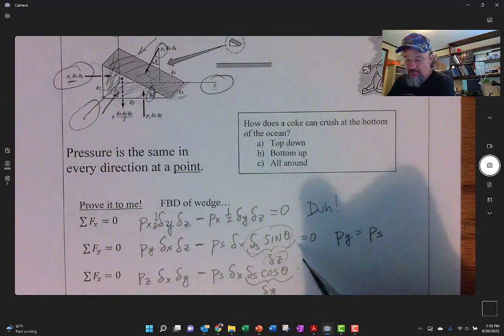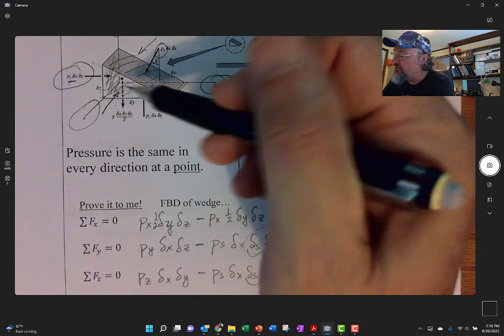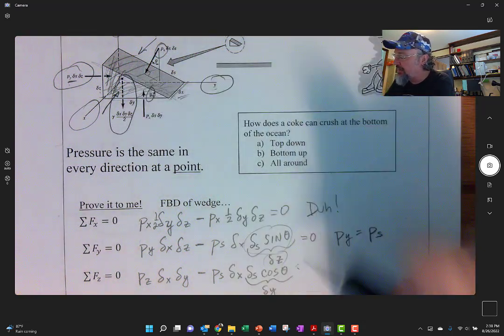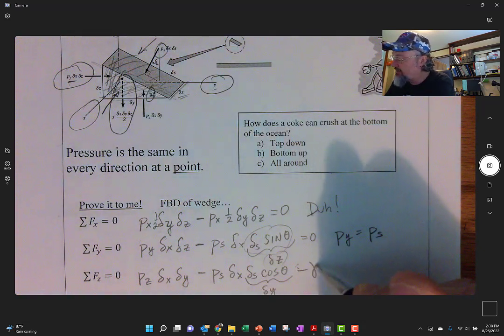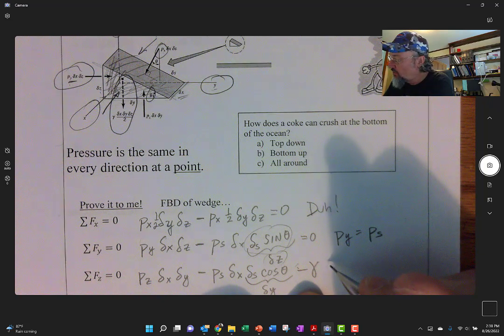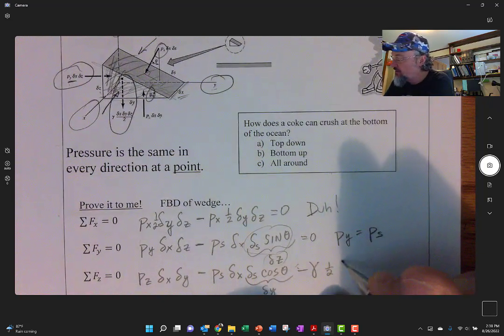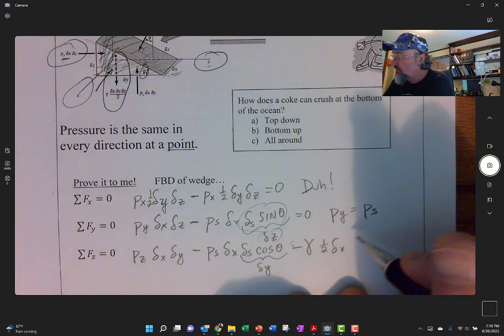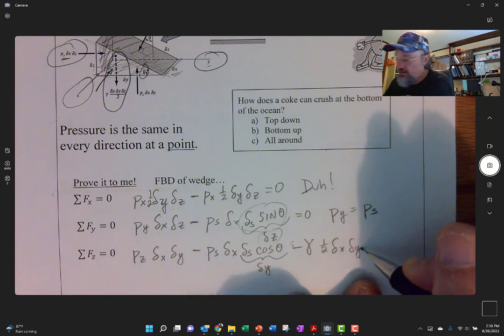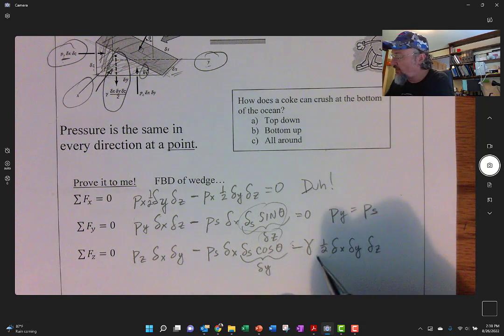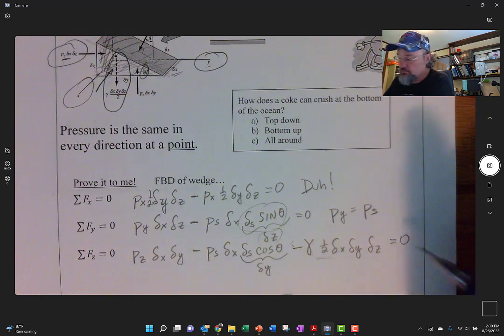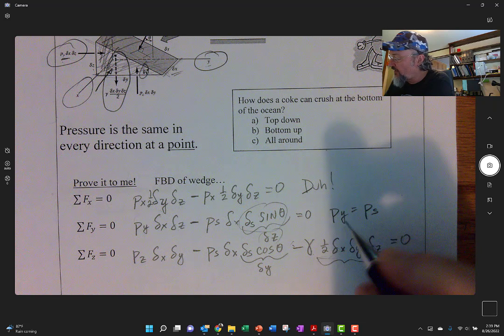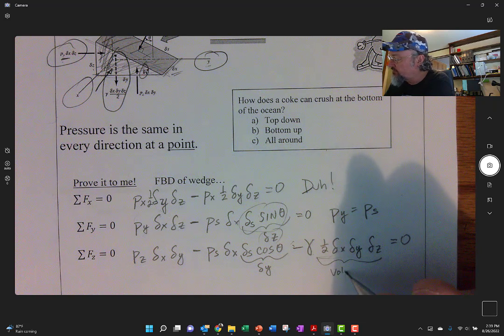But we also have, by the way, in the z direction, the weight, and that's going to be minus 1/2 del x, del y, and del z. This is the volume right here, and gamma is the specific weight. So this is the volume of the wedge.